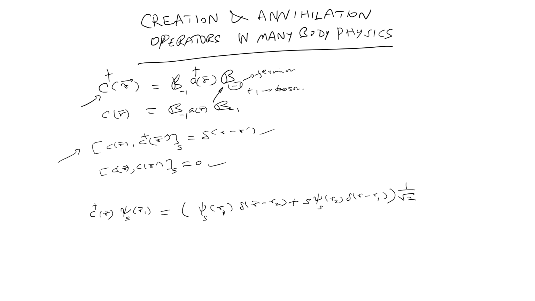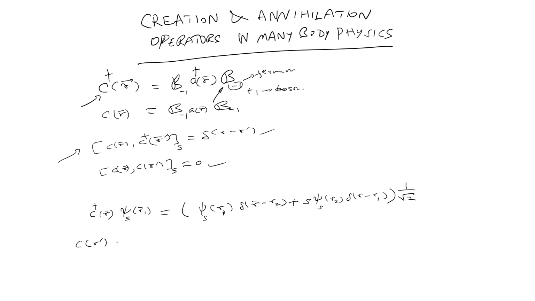You end up doing this. You create a wave function which is now properly symmetrized. Now if you interchange R1 and R2, you get S times the original wave function. So, if S is minus 1, you get the negative of it, and if S is plus 1, you get back the same thing.